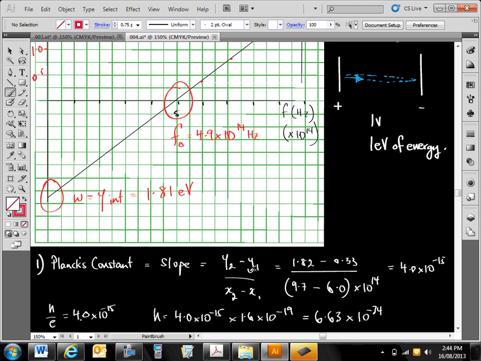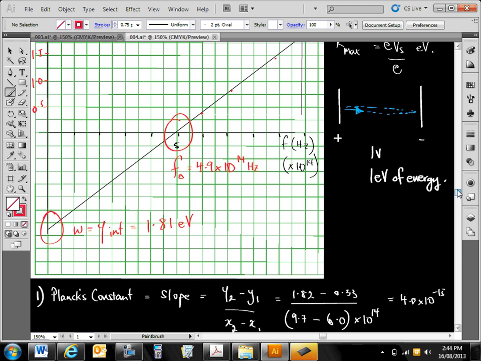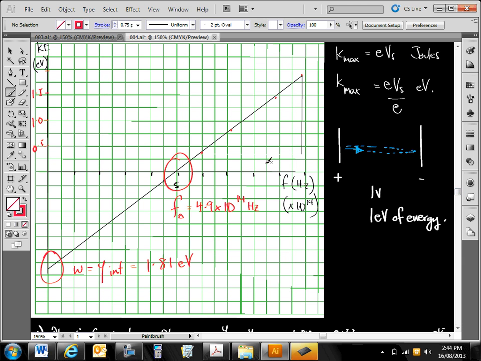Last question says the maximum kinetic energy of electrons emitted by light of frequency 8 by 10 to the 14. How do you work that out? Line it up: 5, 6, 7, 8. It's that point there, which lines up with 1.3.